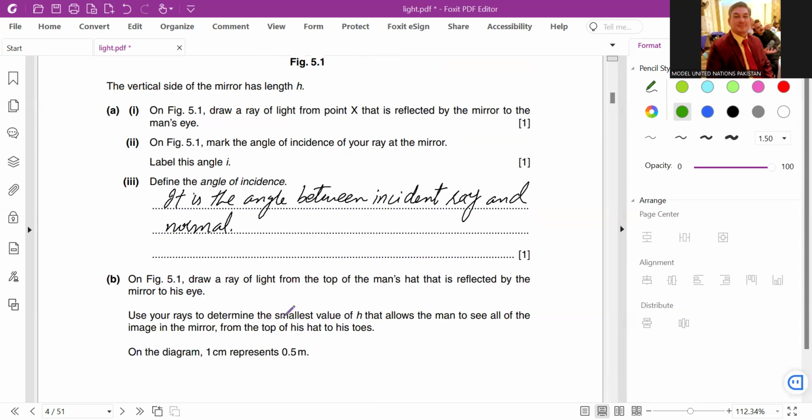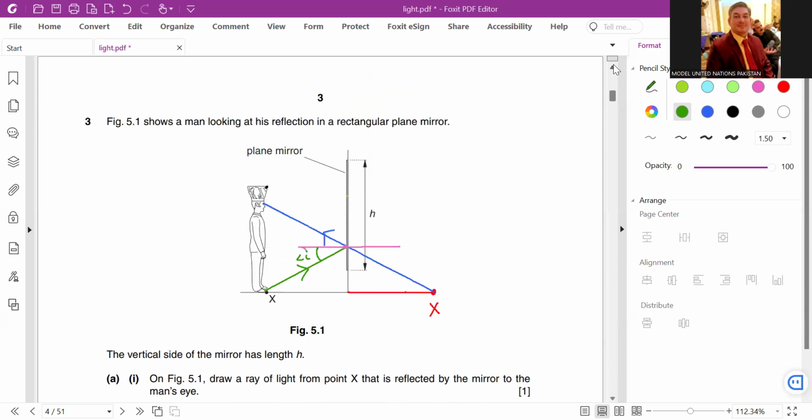Use your rays to determine the smallest value of h that allows the man to see all the image in the mirror, from the top of his head to his toe. On the diagram, 1 centimeter represents 0.5 meter. Now we need the height of the mirror that is used to obtain the full image of the person. First of all, the person is able to see the head.